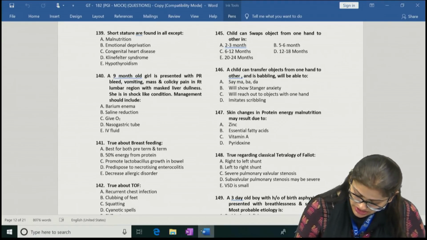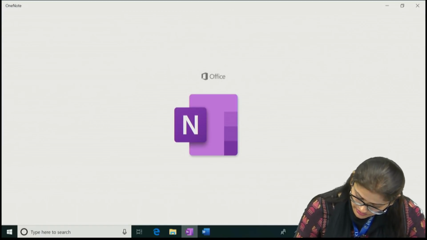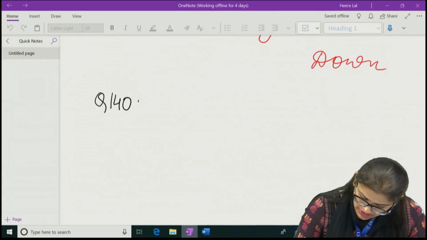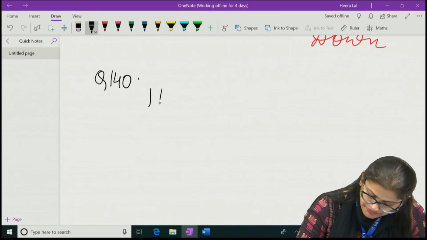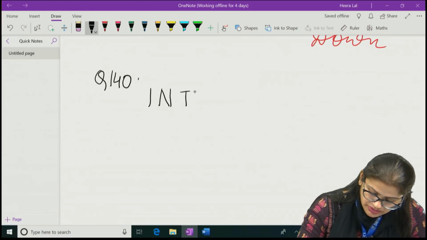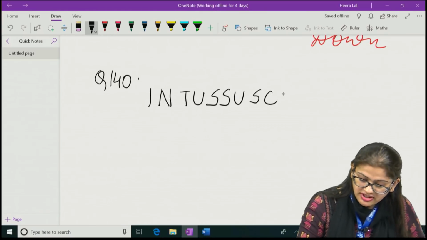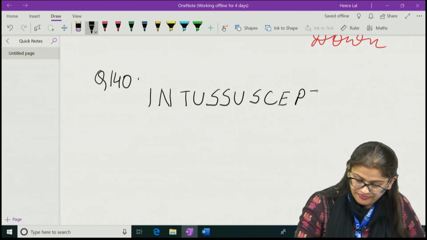So in this question, we are talking about intussusception. Now, what is intussusception?